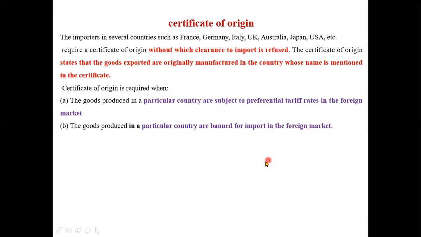Suppose, let us consider X is the importing country, right?